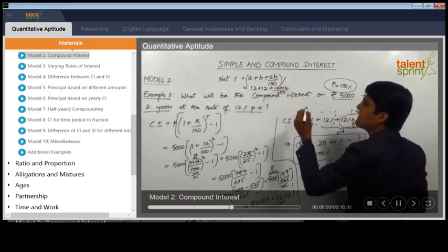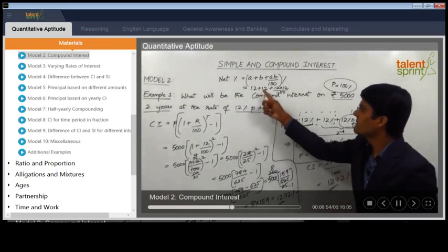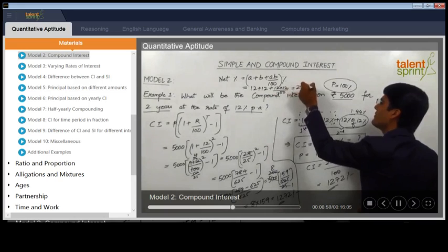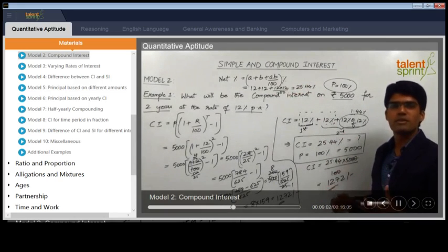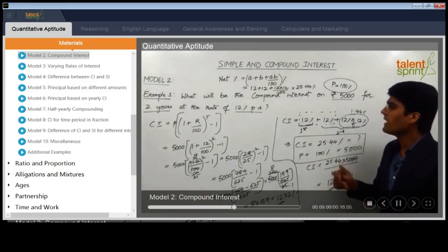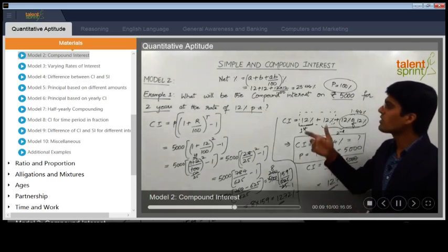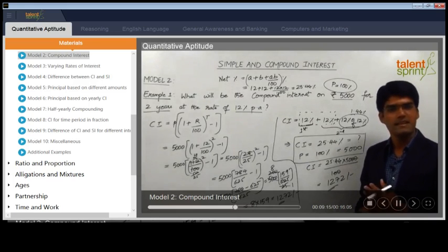So 12 into 12 is 144. 144 by 100 is 1.44. So 12 plus 12, 24 plus 1.44 is 25.44%. So blindly we can remember that compound interest for 2 years will be A plus B plus AB by 100%, where A and B are equal to the rate of interest. So friends, try to use the concept of percentages for solving the questions related to SI and CI in a smart way.